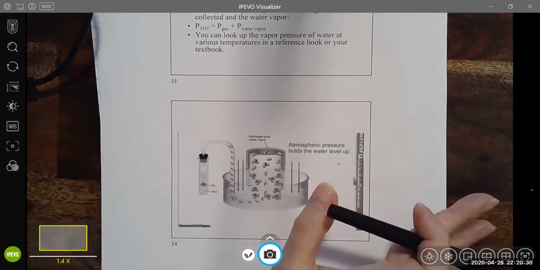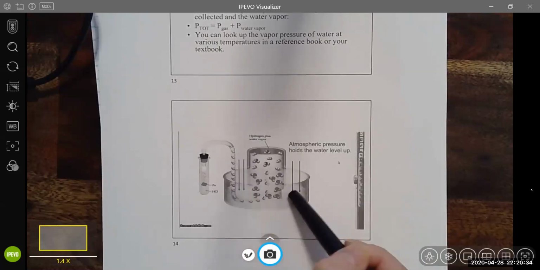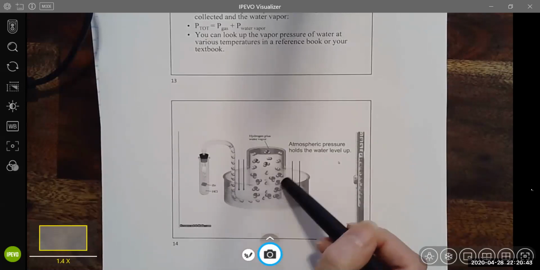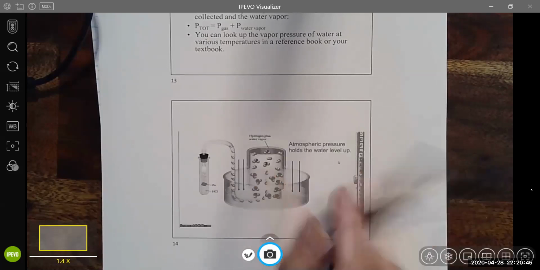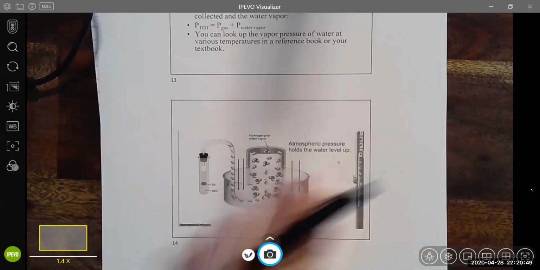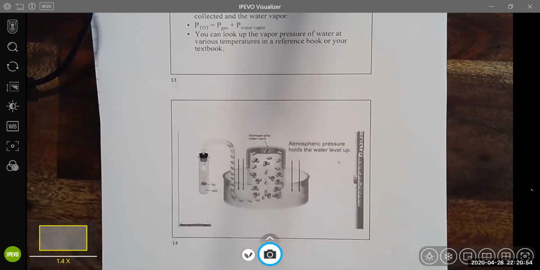So a trick that we do is that we take a container and we fill it with water, an open container, like a bottle or a beaker or something like that. Usually we do not use a beaker, but something with a flat opening, like a glass bottle. We fill that right side up. This is upside down right now, but we start with it right side up and we fill it with water. And then you cover the lid of it and you turn it upside down and put it in the water.